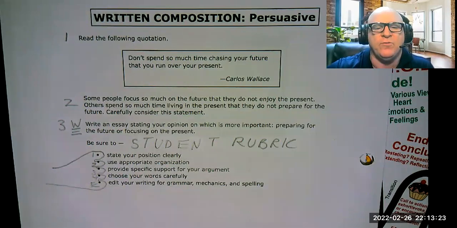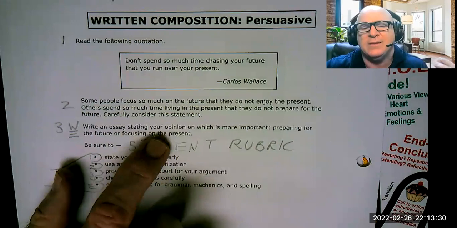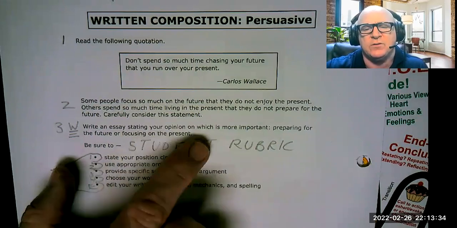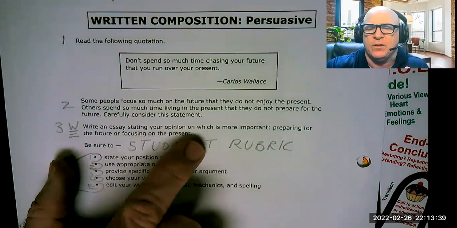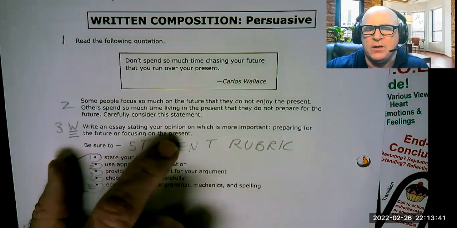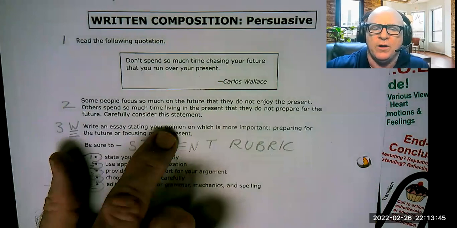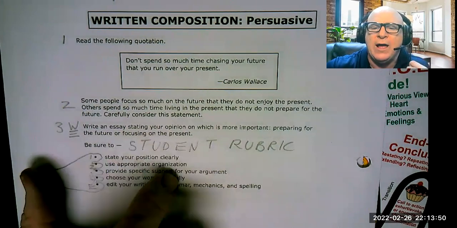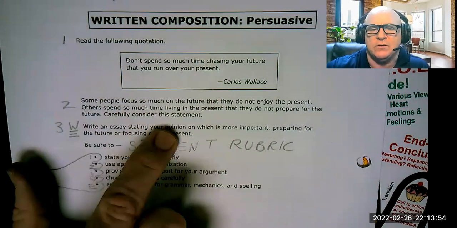If you say that you focus on the present, well, focusing on the present, what will that cause to happen? Why do you need to focus on the present? So what they're looking for is, since it's your opinion, once you tell one of those, organization means, why do you feel that way? What's your reason?